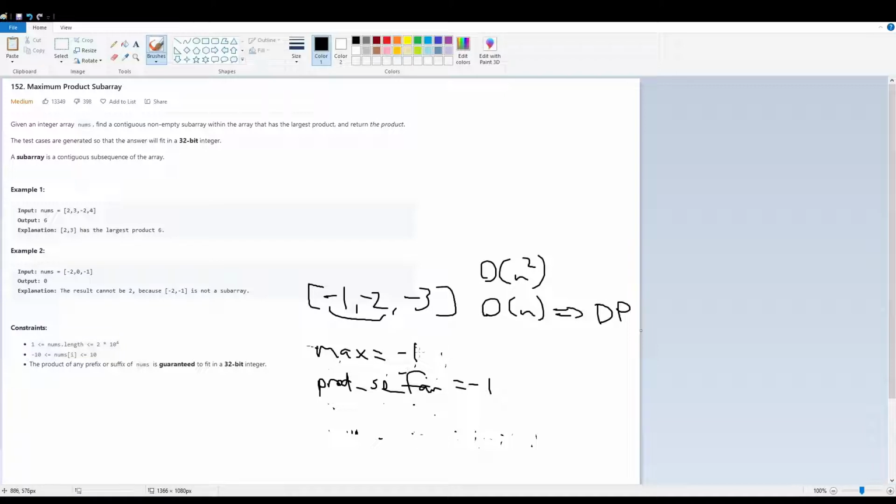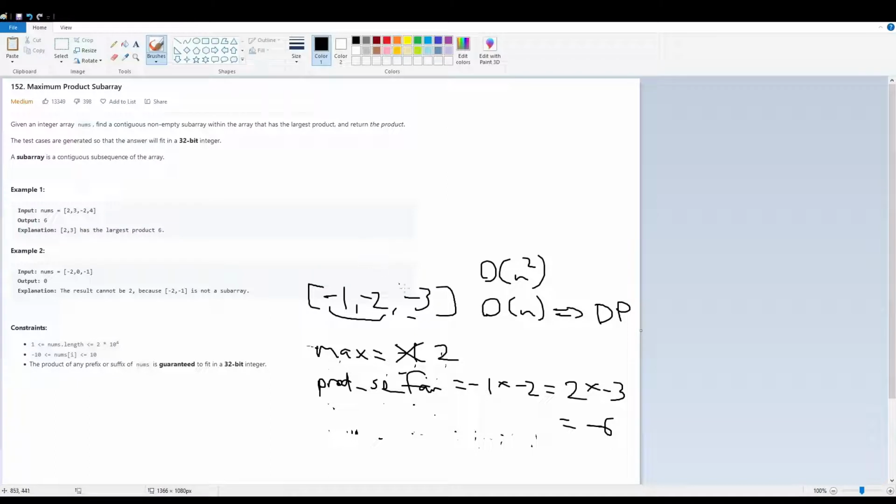Product so far would be times -2, which equals 2. And then max would now be 2. And then we look at this guy last, so product so far would be times -3, which equals -6, and we keep our max at 2.